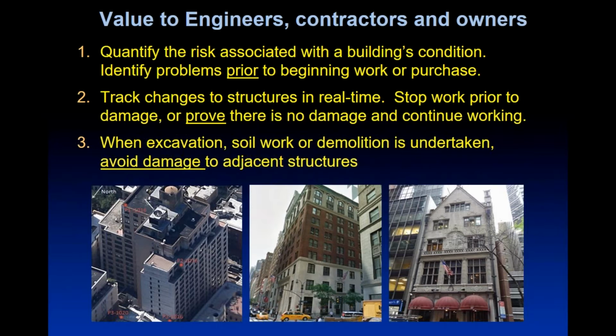Center bottom picture is Fifth Avenue in New York City. In this particular case, no diagrams, no plans of that building were available. And yet the owners wanted to add 3 stories. How are you going to do that? What you do is you calibrate using our methodology. You calibrate a mathematical model.